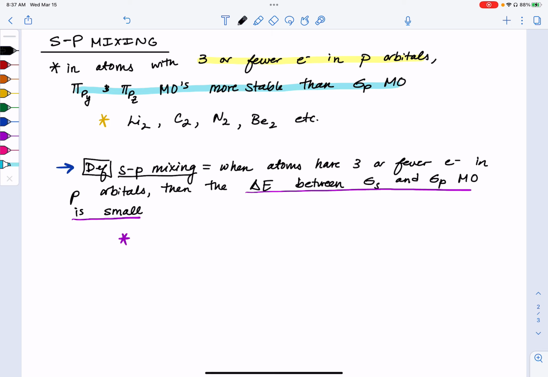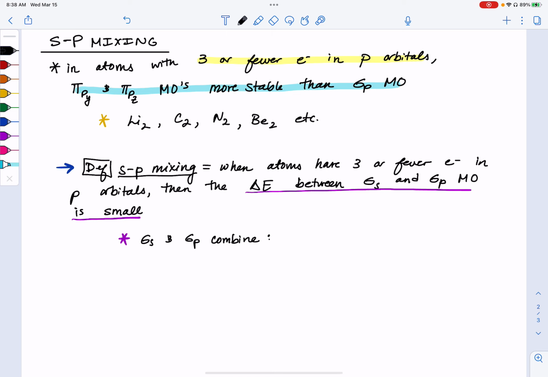What happens as a result is the sigma s and the sigma p combine, because the energy difference between them is small enough, they're almost comparable in energy, that these orbitals can interact with one another. And the interaction is not strong enough to create whole new linear combinations and new molecular orbitals.